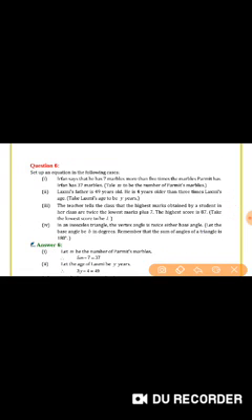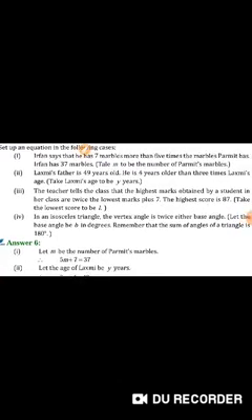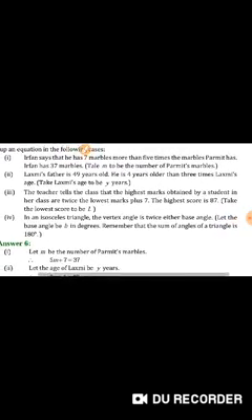So the first question. Irfan says that he has 7 marbles, see, marbles are there, keep it in mind, more than 5 times the marbles Parmit has. So here Irfan and Parmit have marbles.